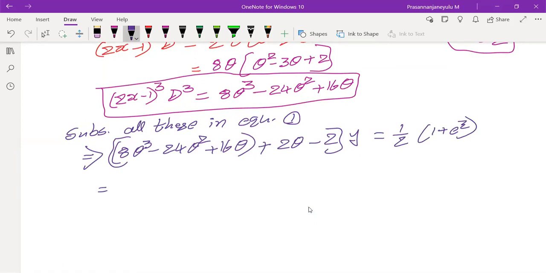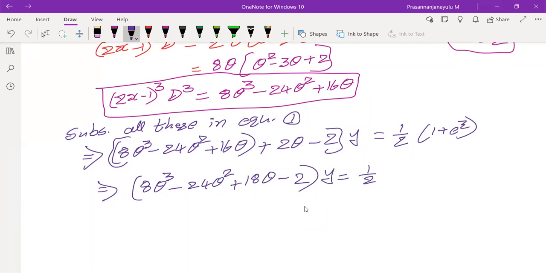Now, doing the simplification on the left hand side, what is the highest power of theta? Theta cube. So what is that coefficient? 8 theta cube minus 24 theta square plus 16 theta plus 2 theta. It becomes plus 18 theta. All of you take your scientific calculators. Minus 2y equals 1 by 2 into (1 plus e power z).